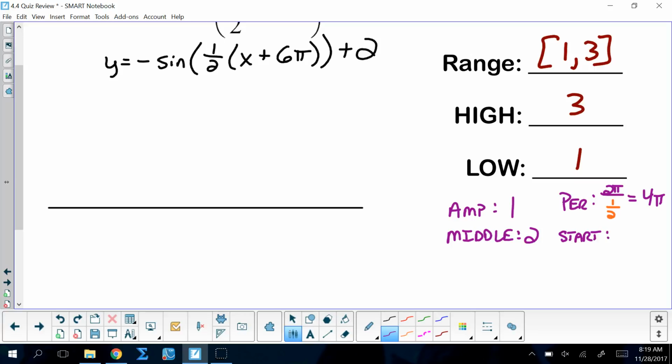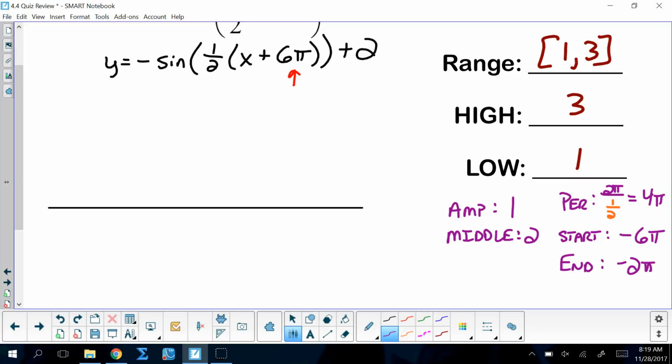Opposite of this number right here. So that's going to be negative 6 pi. End. Negative 2 pi. Add the period to the start, gets you your end.